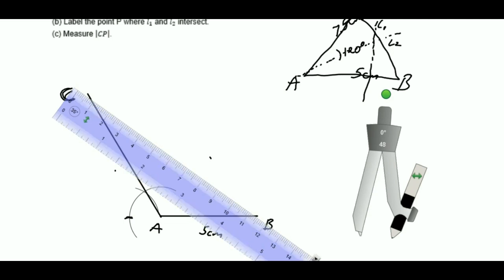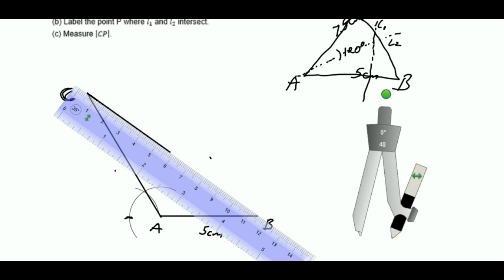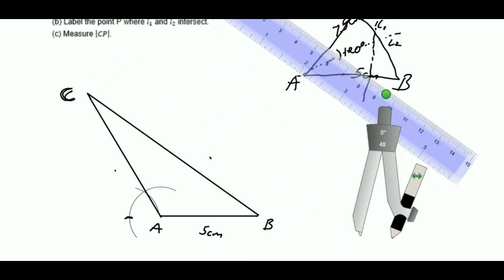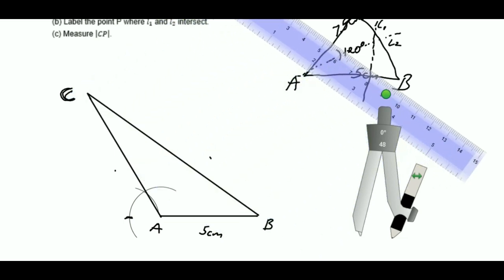Oh man. So I've got this. Then you get the point, right? You just join this here. Then you've got that sorted. So you have your triangle constructed. You have A, B, C.